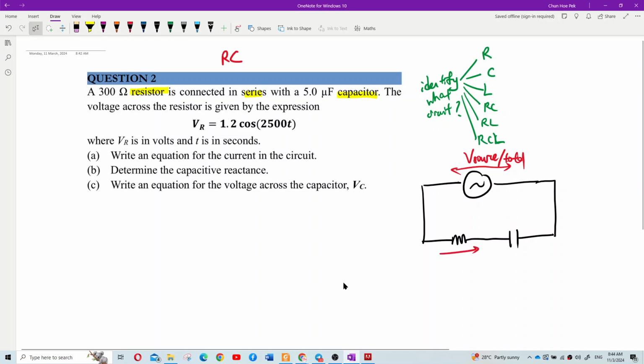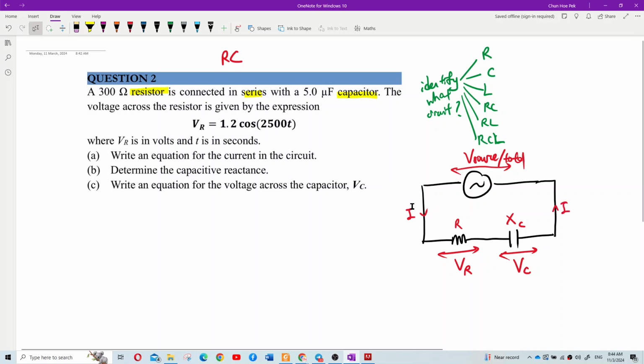This is the resistor, so we have VR over here, and this is the VC. So we have an RC circuit. Capacitor also has its own resistance, we call it XC, not C, but XC. And in this circuit we have AC current, not DC.